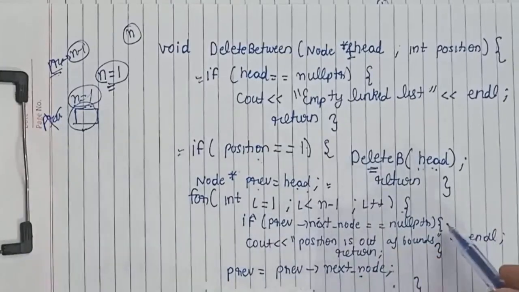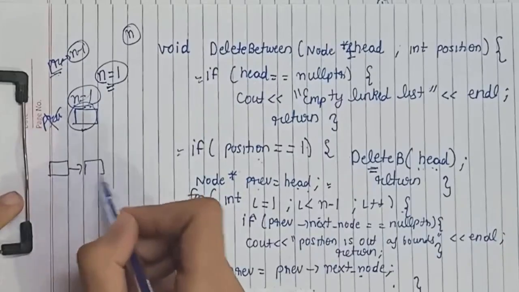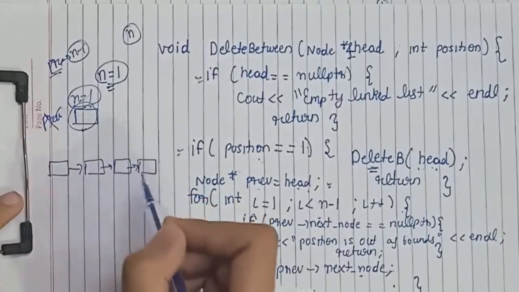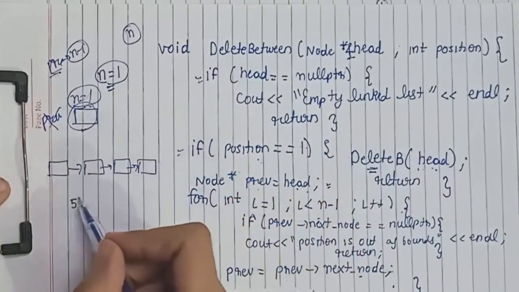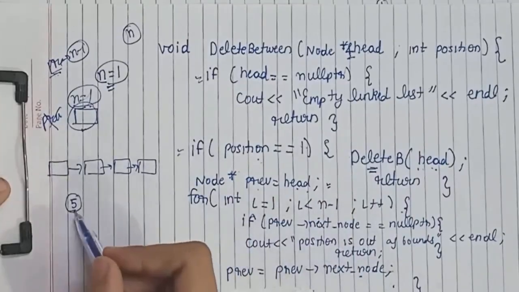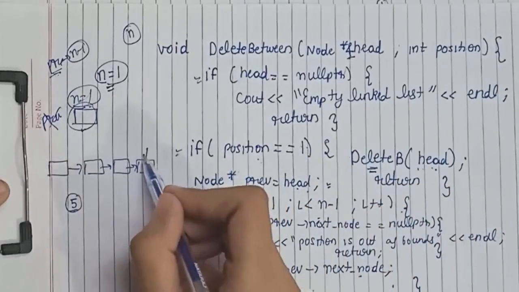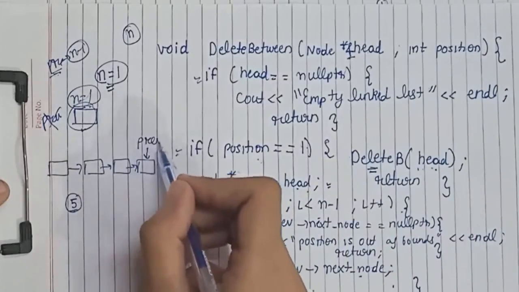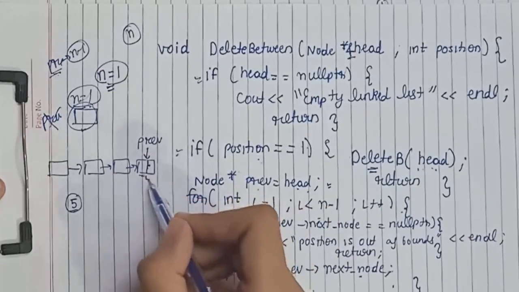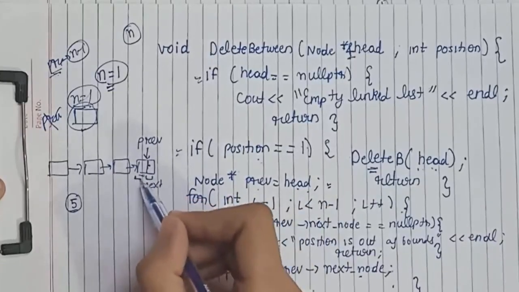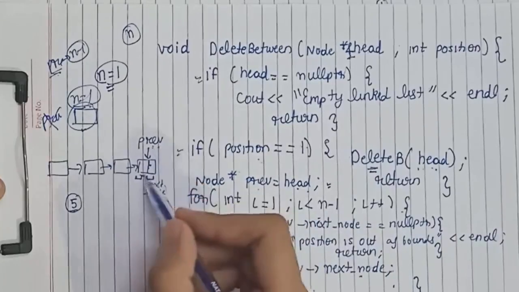Now why have I written this extra condition? Because there is some possibility that, let's say, your linked list consists of 4 members and the user is asking you to delete the 5th node. When you bring your previous pointer up to that point, you will see that at this particular stage the next node part of the previous pointer becomes null.